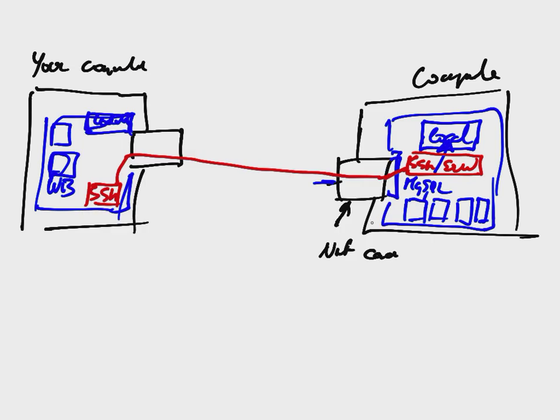But SSH also may be used as a transport protocol to transmit some other data. And if you configure your SSH client in this tunneling way, what you can do is you add a listening port or service on this end and a listening port or service on that end.